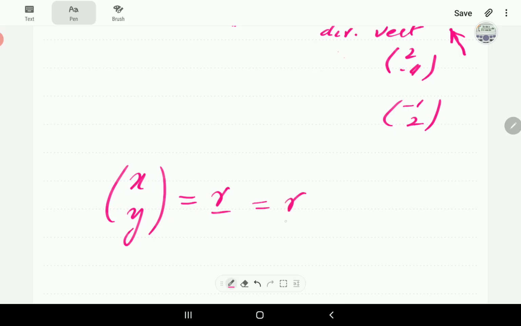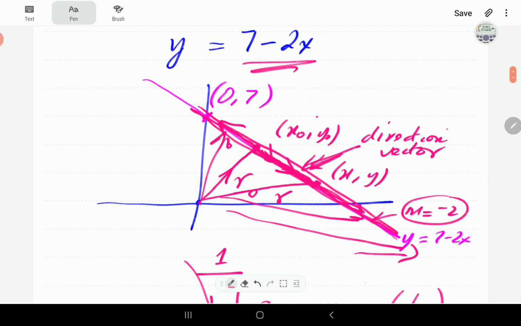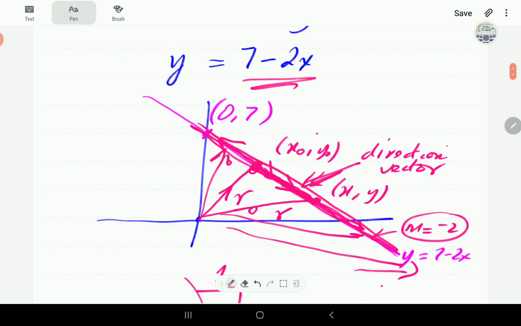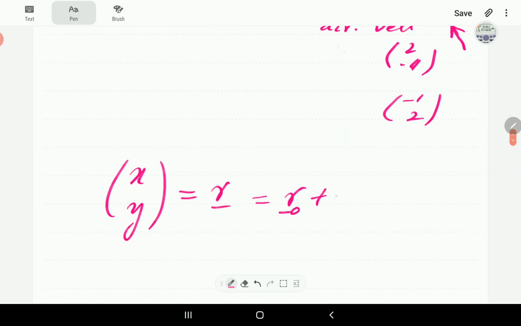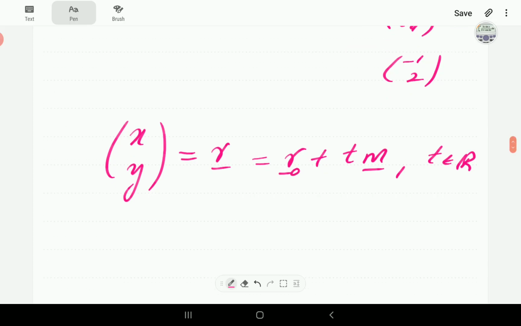We're going to write this as r0, which is the point we choose on this line, plus a multiple of the direction vector, so t times m, where t is a real number. Actually, t is called our parameter.